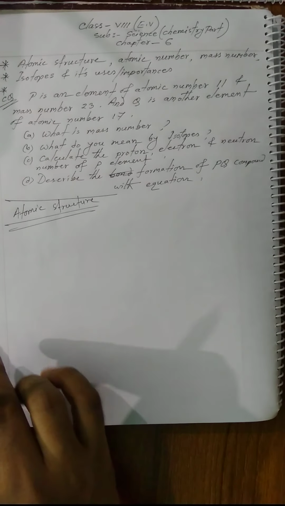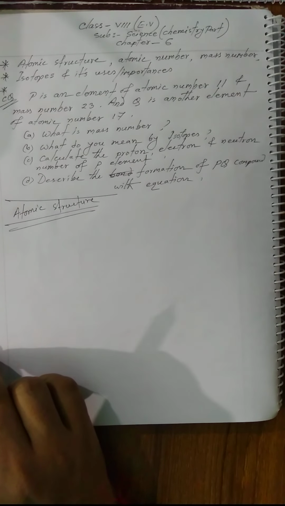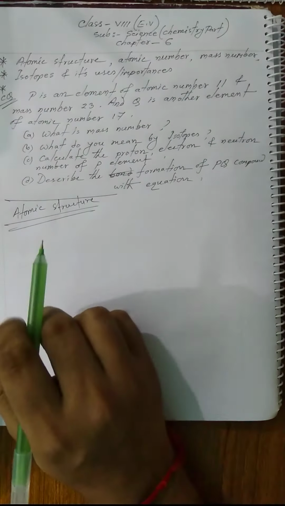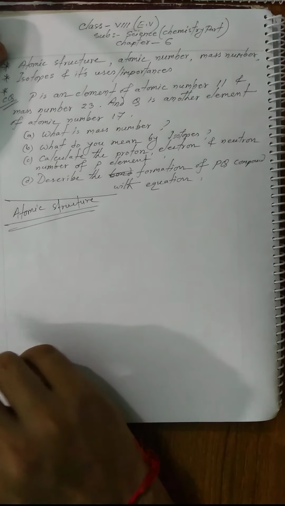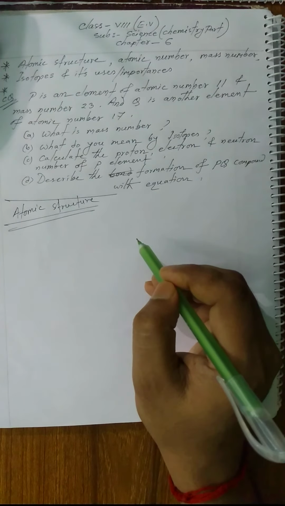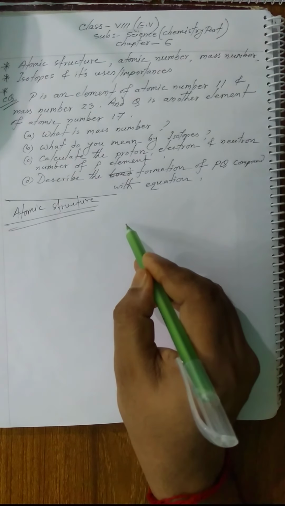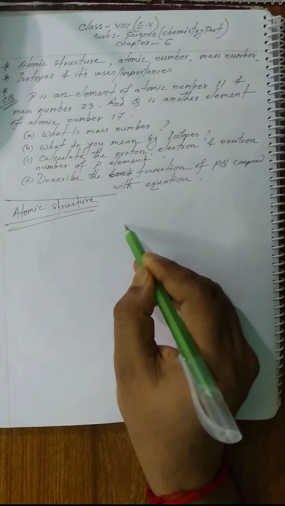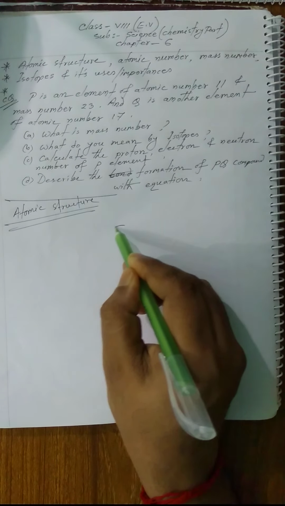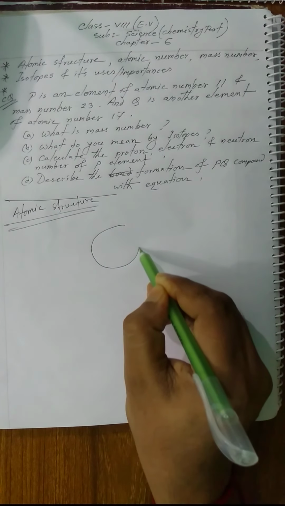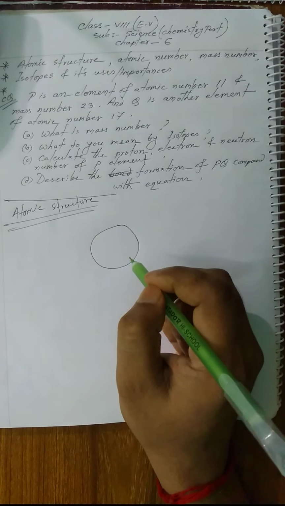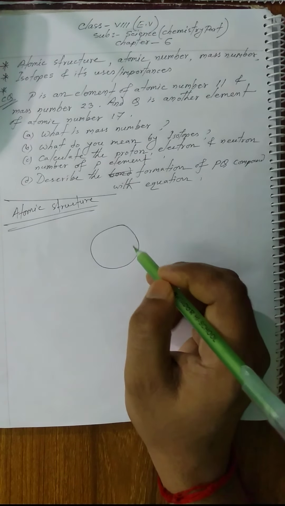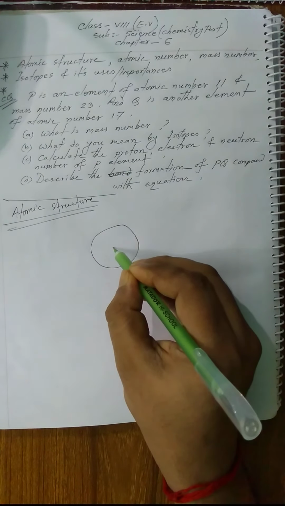If we analyze the atomic structure, we will find electron, proton and neutron. According to the Rutherford model, the shape of an atom is circular.